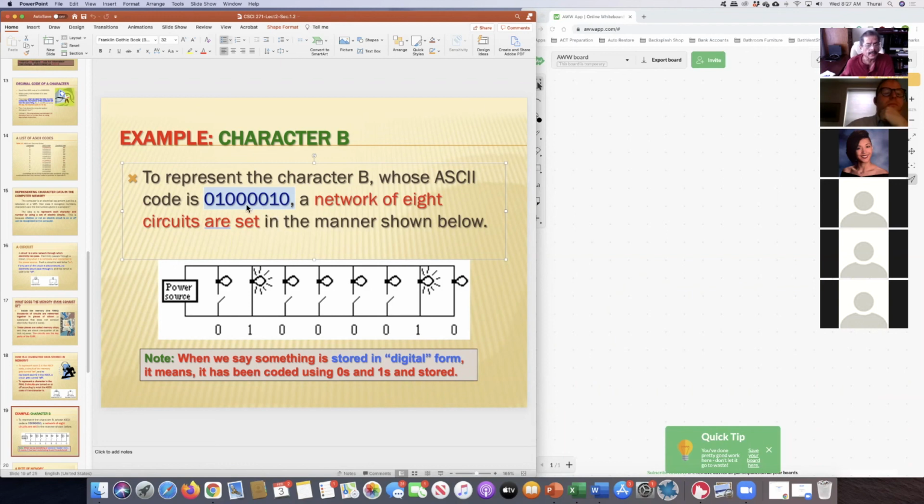So if I store a character B, then immediately a set of 8 circuits will be selected and they will be turned on and off according to this. Now this picture may be confusing. I recommend actually, when you do your homework problem, use separate circuits like I'm doing on the board now.